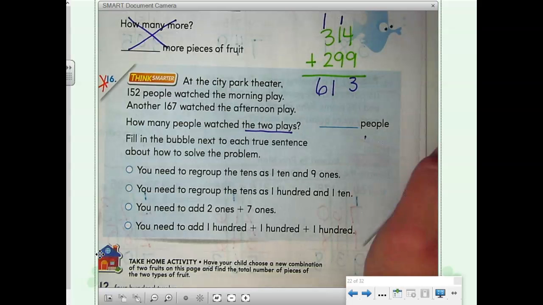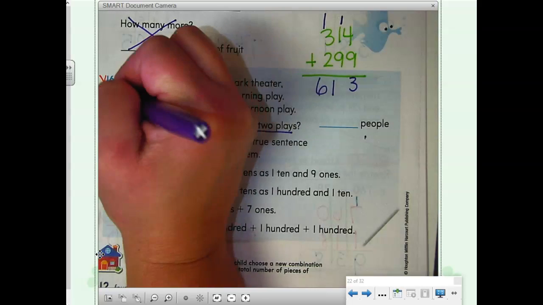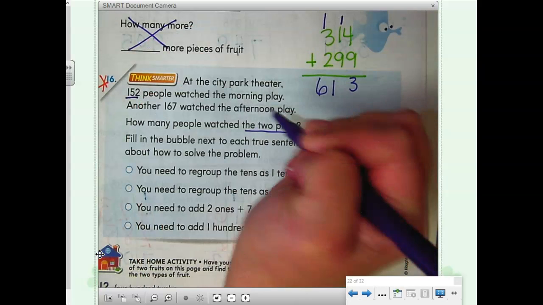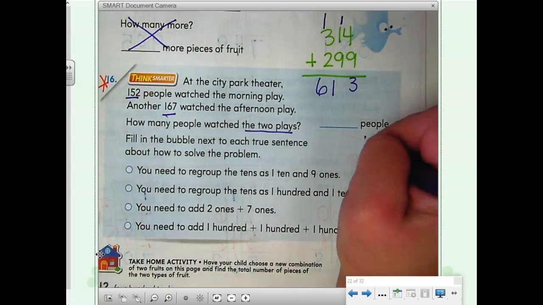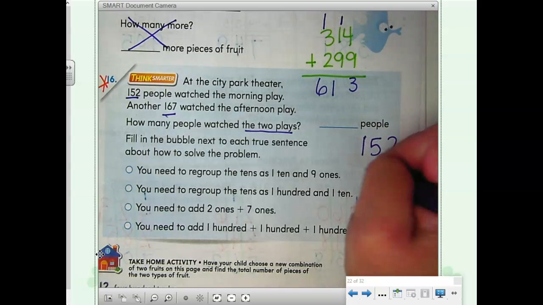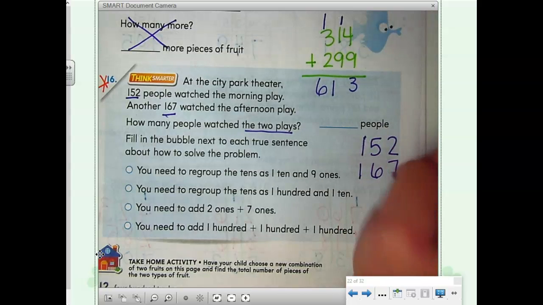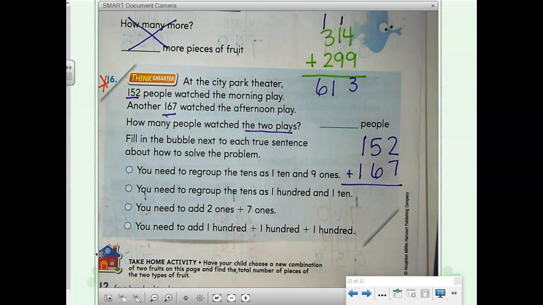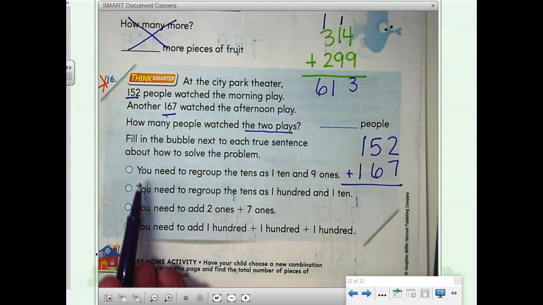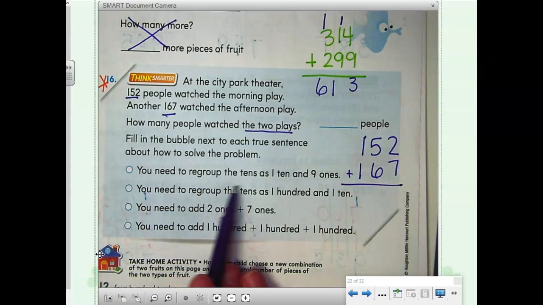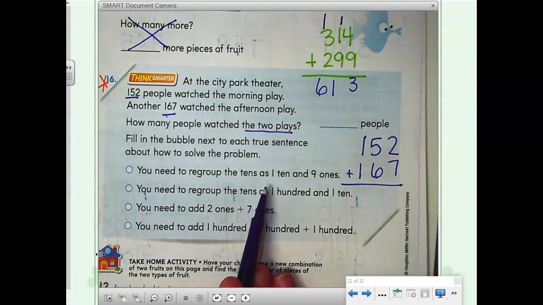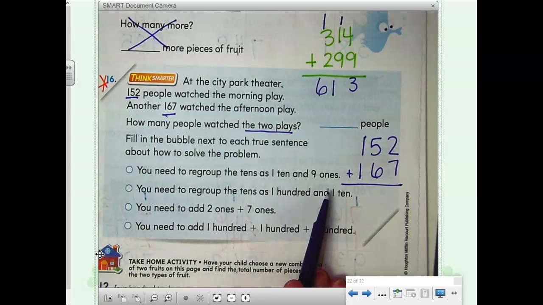All right, so what's our two numbers? 152 and 167. So let's set it up. And then let's look at the problems that we have. All right, the first one says you need to regroup the tens as 1 ten and 9 ones.